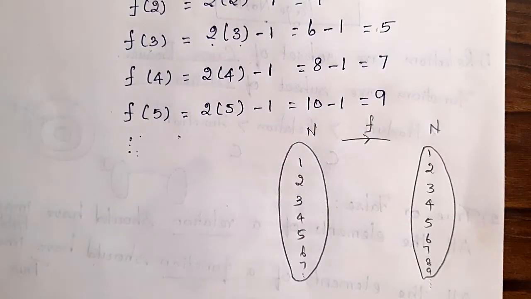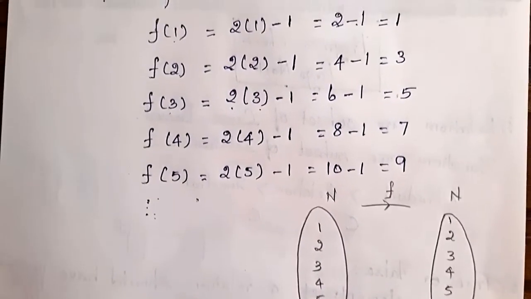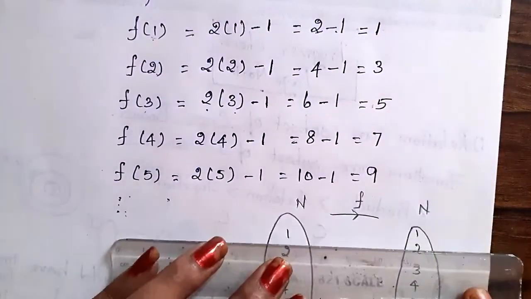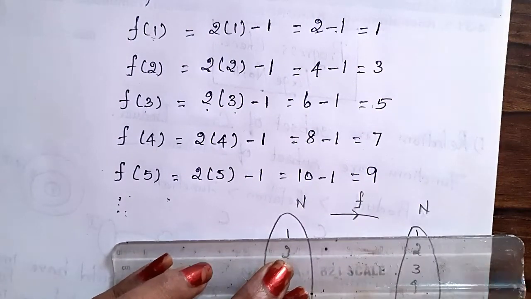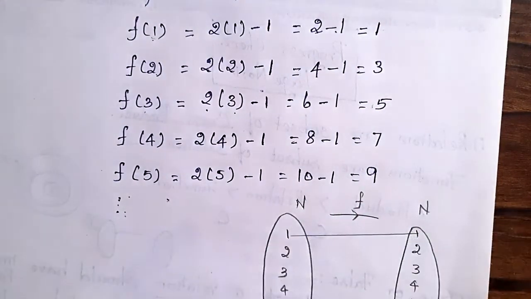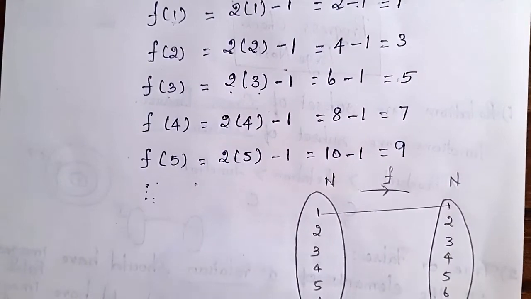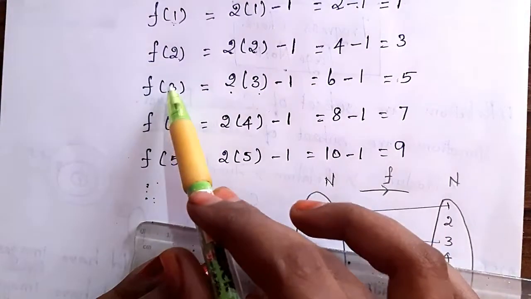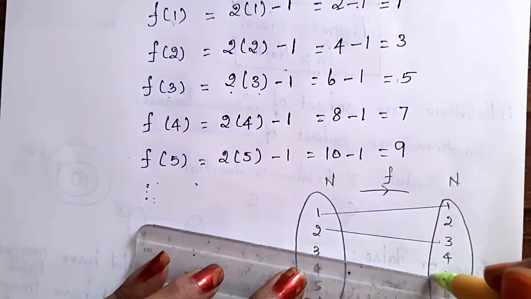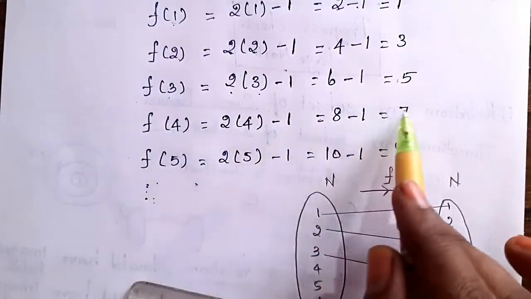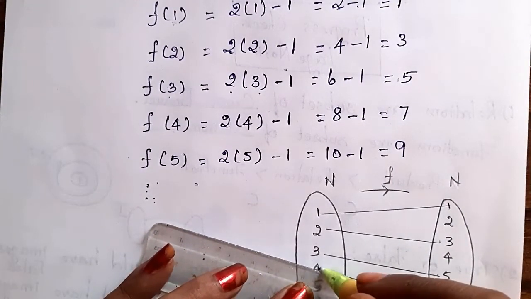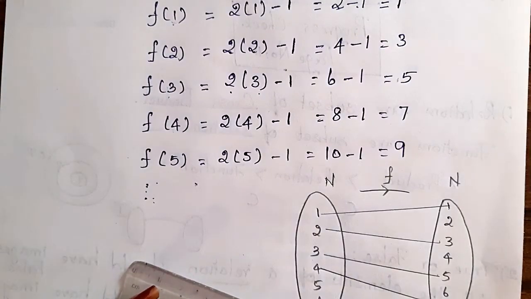Then we can draw that. Look, 1 goes to 1. Then 2 goes to 3. 3 goes to 5. 4 goes to 7. 5 goes to 9.